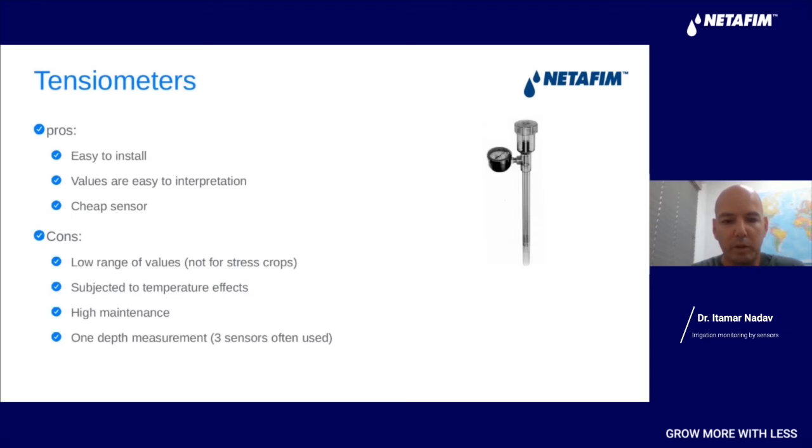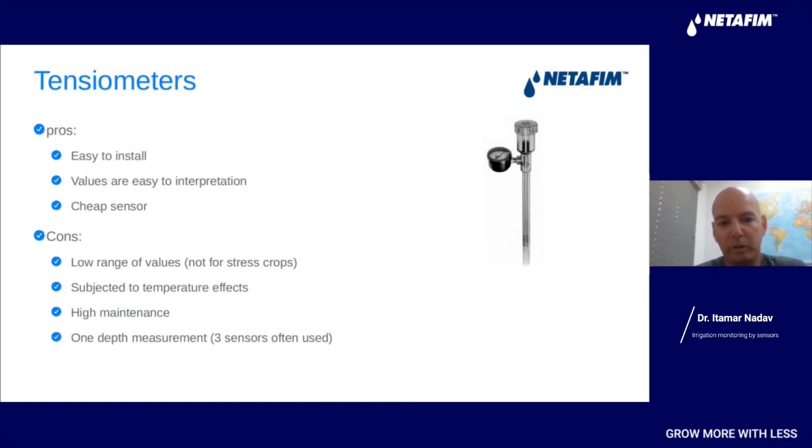The problem with tensiometers is that they have a low range of values, so they cannot be used for stress crops like cotton and vineyards, because we are talking about much higher water stress than the tensiometer can read. It's out of its range.